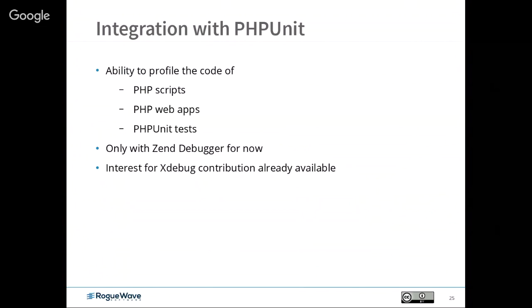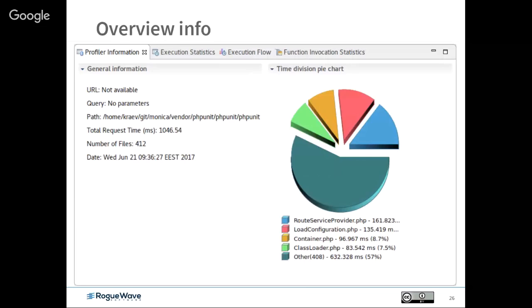Currently the profiler that we added to PDT is supporting only Zend Debugger, but we already have a person on the mailing list who expressed interest to also implement integration with Xdebug, which would be really nice. And we'll see in the next months if this will actually happen. So what does the profiler give you?